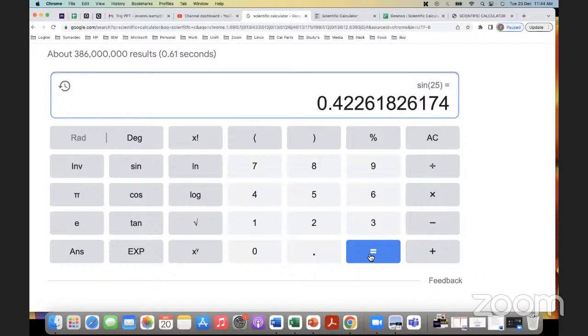As you can see, the small type up top tells me that the sine of angle 25 is equal to 0.4226, and it continues. If I round it off to 3 decimal places, it will be 0.423. If I round it off to 2 decimal places, it will be 0.42. Do we understand, Roxanne?